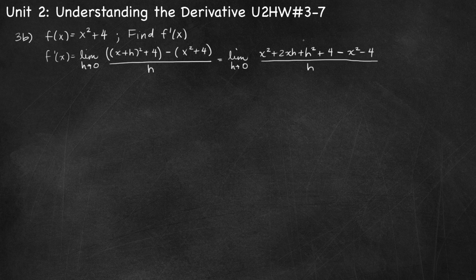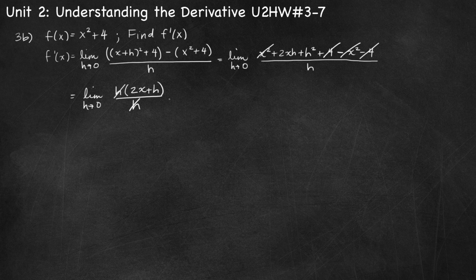Now I have some like terms that we can combine. X squared minus x squared is 0. 4 minus 4 is 0. So this becomes limit as h approaches 0. In my numerator, I have 2xh plus h squared. I'm going to factor an h out from that, leaving me with 2x plus h. And then we have our h in the denominator.